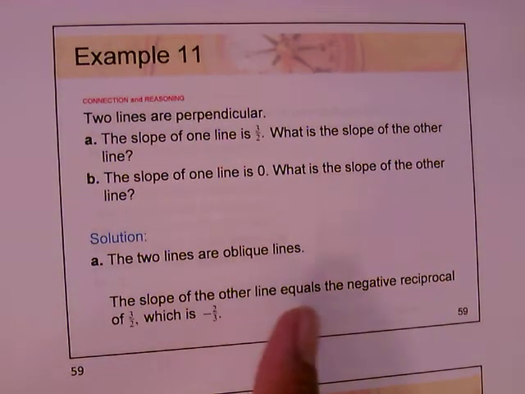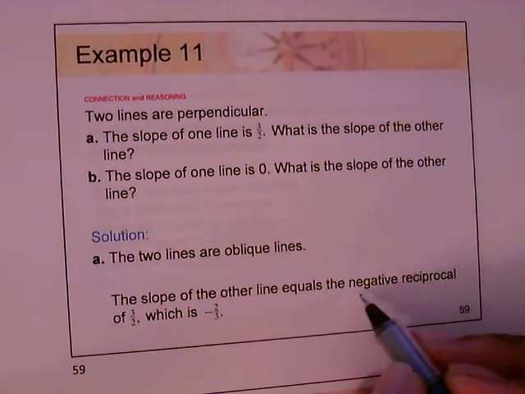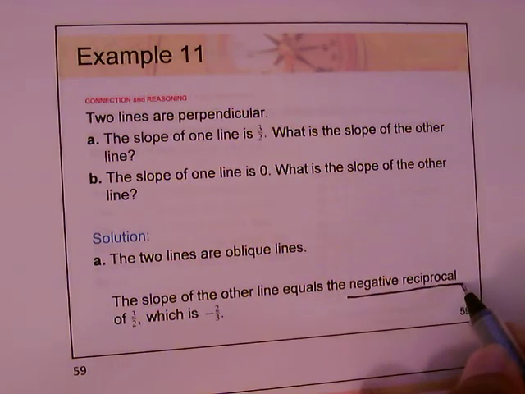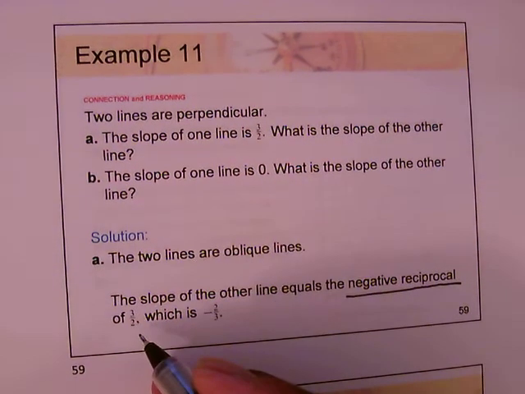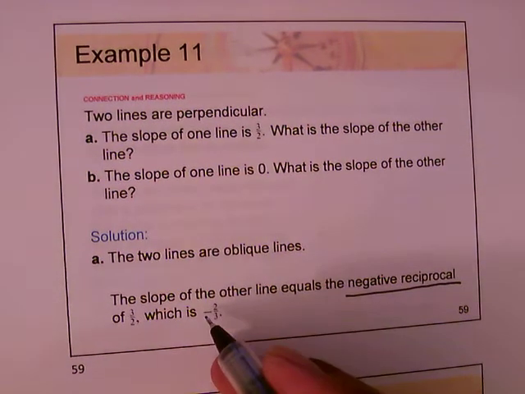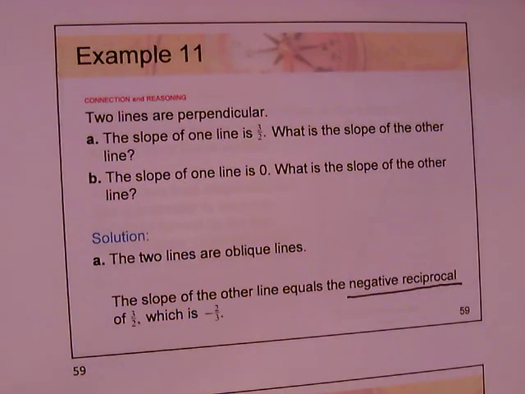Now the slope of that other line will have to be what we call the negative reciprocal of that slope. So if that slope is 3/2, we take the reciprocal and change the sign. The reciprocal of 3/2 is 2/3, and since 3/2 is positive, we make the 2/3 negative.